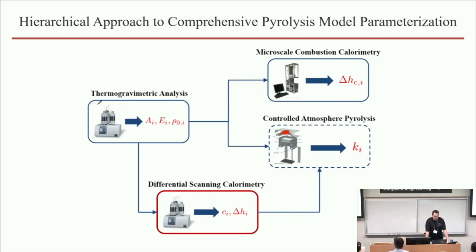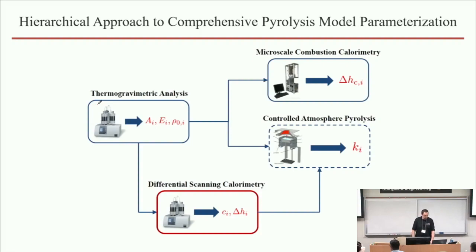The reason it's called the hierarchical approach is that it's based on a set of tests or experiments where the results of analysis of the previous test serve as the input for the analysis of the next test. So you construct your model in layers until you have a fully parameterized model that you subsequently validate. I'll demonstrate this process on a particular example.